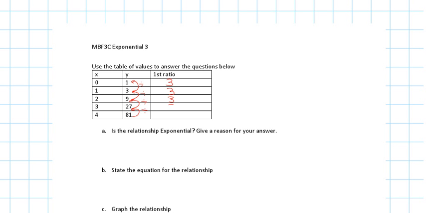Is this relationship exponential? Yes. How do you know that? What's constant? Don't just say it's constant, because I don't know what's constant. You have to say that the ratio is constant, because it could be the first difference that's constant. I don't know what you guys found. So, it is exponential.